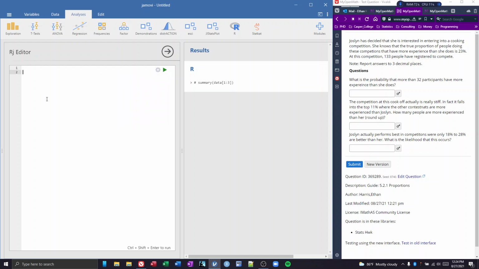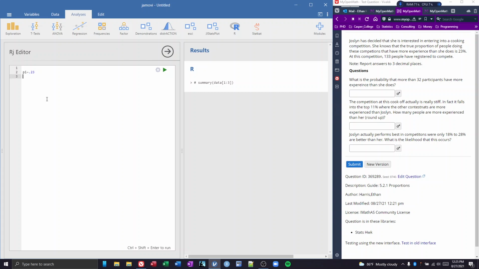Okay, so let's go ahead and figure out what is our true proportion that we are dealing with. Now it gives it to us right at the beginning. She knows that the true proportion of people doing these competitions that have more experience than she does is actually 23%. So real quick, Jocelyn is entering into this cooking competition, and she knows that at these competitions, the true proportion of people who have more experience than she has is 23%.